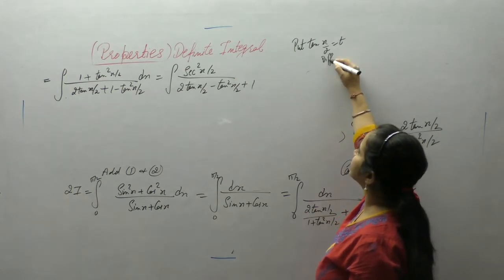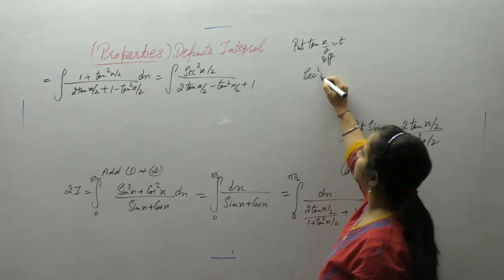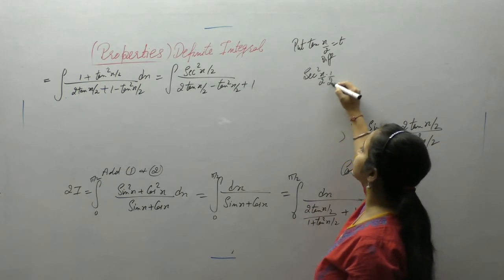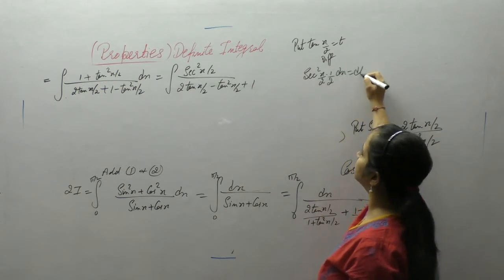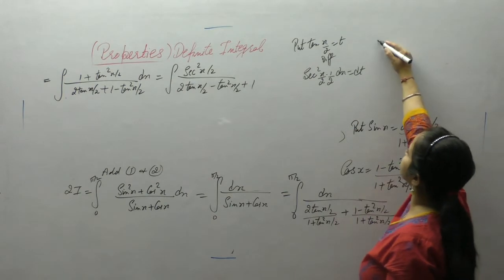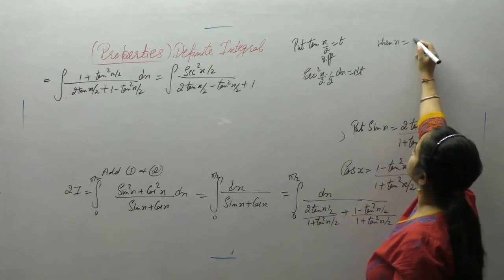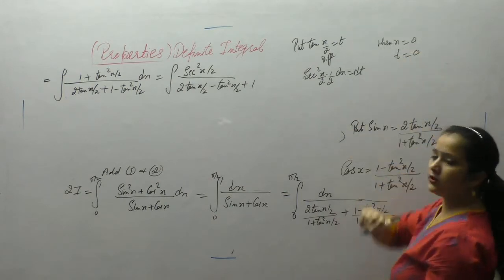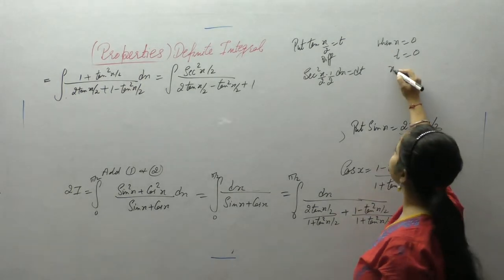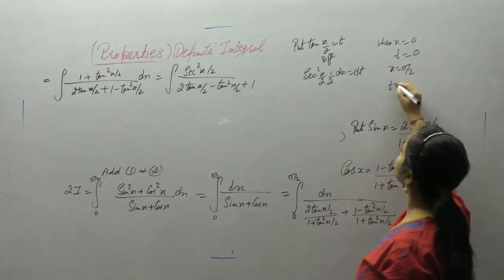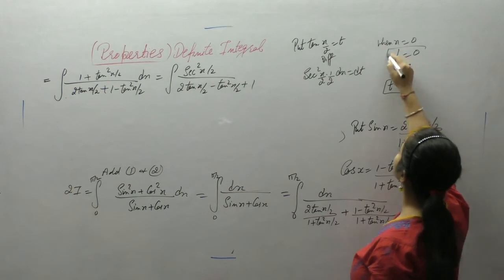The derivative of tan is sec square, and the derivative of x by 2 is 1 by 2. Now when x is 0, t is tan 0, which is 0, and when x is pi by 2, t is tan pi by 4, that is 1.